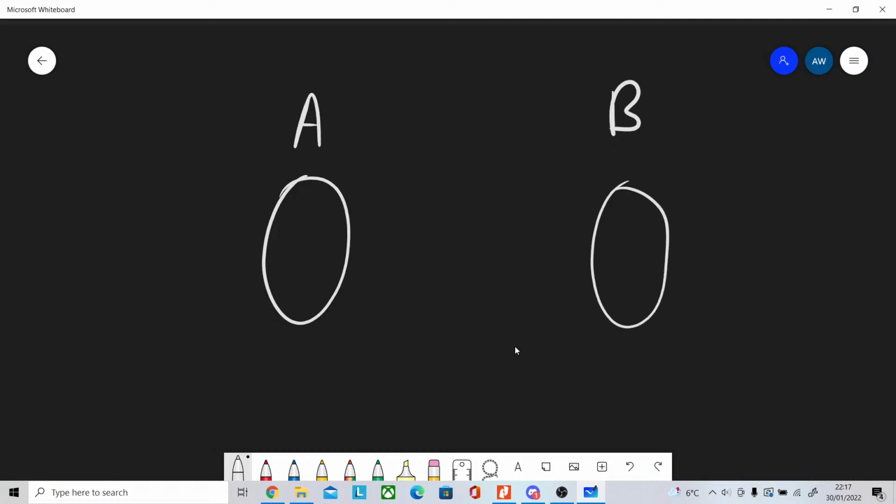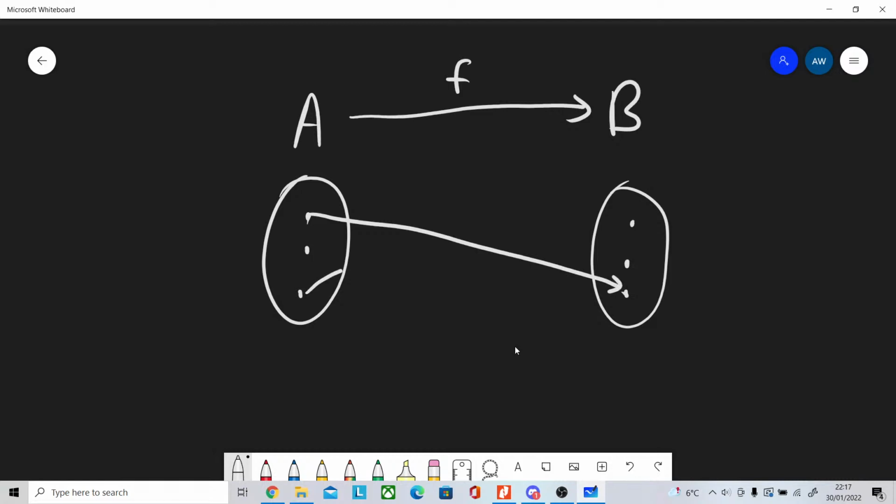So, inverse maps. I know a bit about those. If you have a set A and B, and you have a function or a mapping between these two sets, let's say it sends this guy to this guy, this guy to this guy, and this guy to this guy. Actually, let's not make it symmetrical, because then I think the inverse map will also be symmetrical.